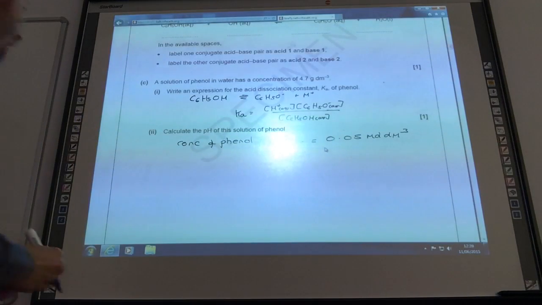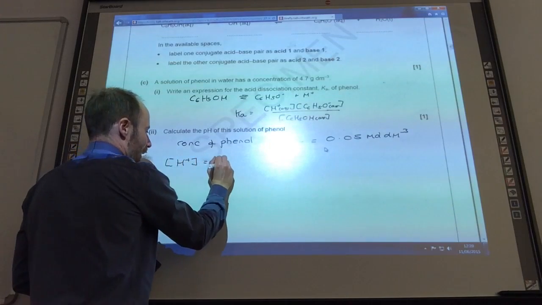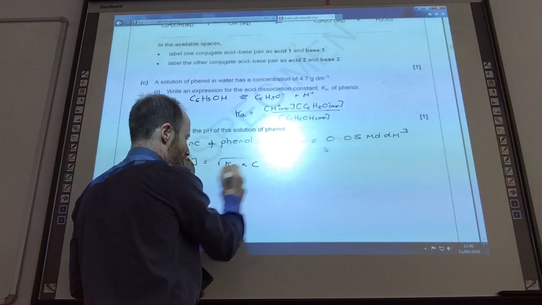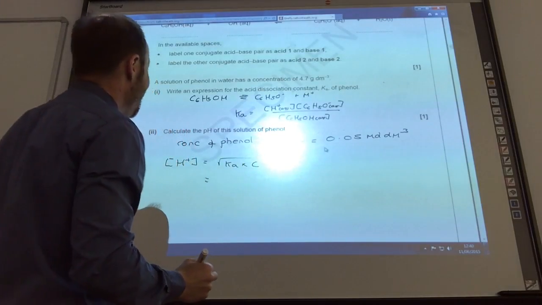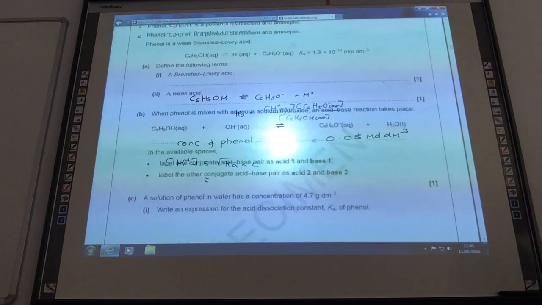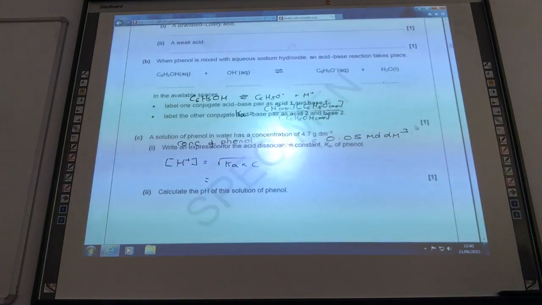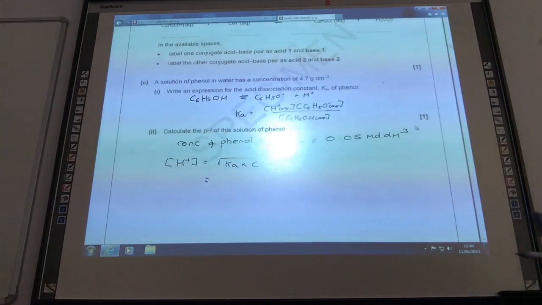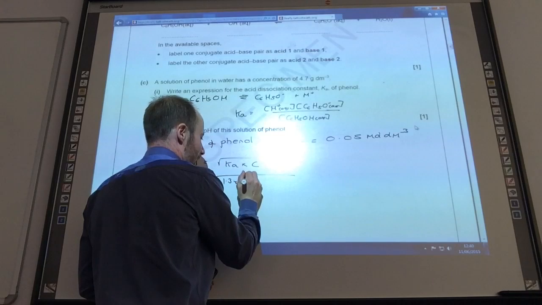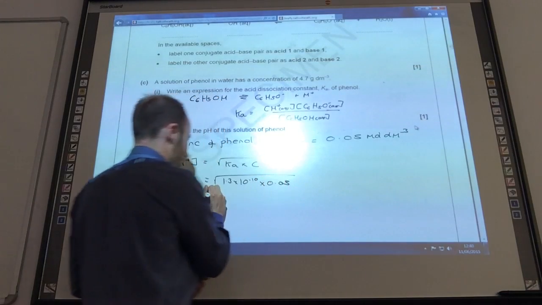I now need to calculate the concentration of H+. To do that, it's the square root of Ka times your concentration. Ka, they told me, it's up here, 1.3 times 10 to the minus 10. So that equals the square root of 1.3 times 10 to the minus 10 times 0.05.